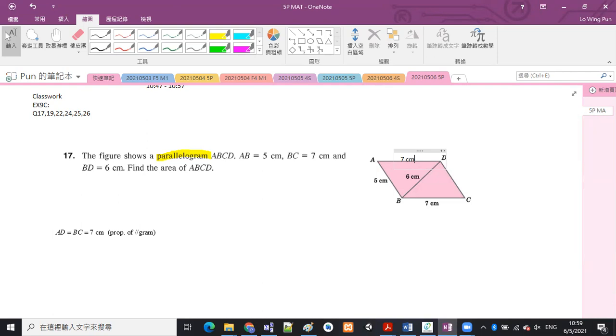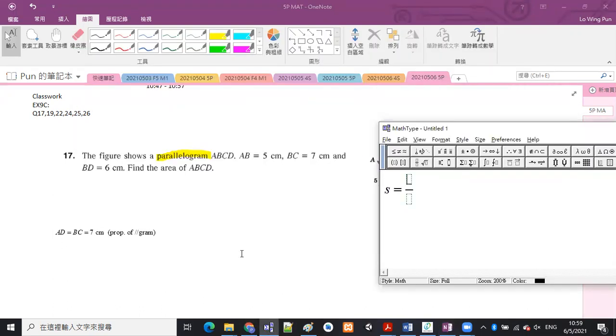Now, which formula are we going to use to find the area of triangle ABD? Yes, the last one, the Heron's formula, because we have all the three lengths. That is to calculate the S first, and then the area will be a long square root. Remember this? So let's find the area of triangle ABD first. S is equal to add all the lengths together divided by 2, and I think it should be equal to 9, right?